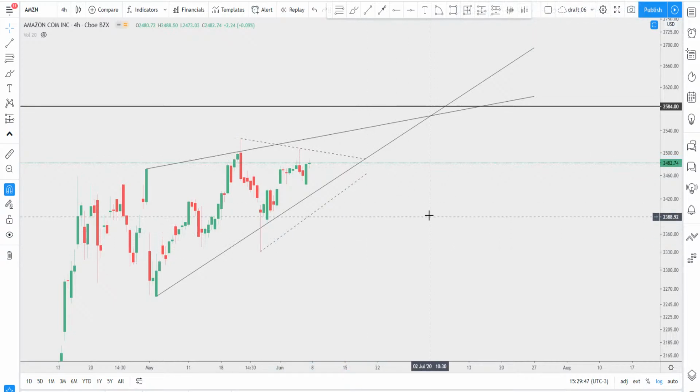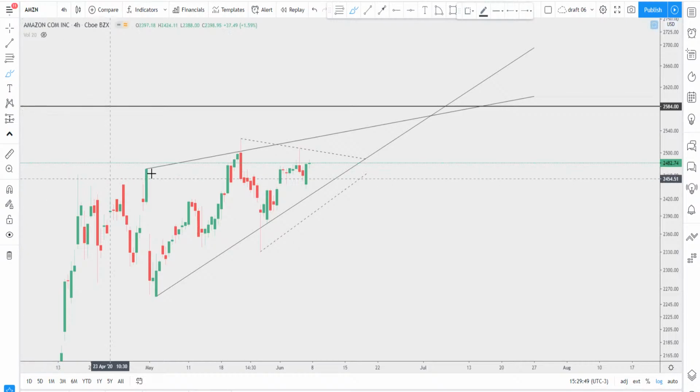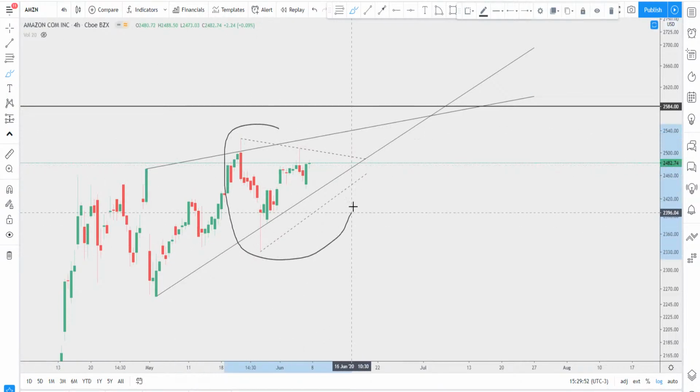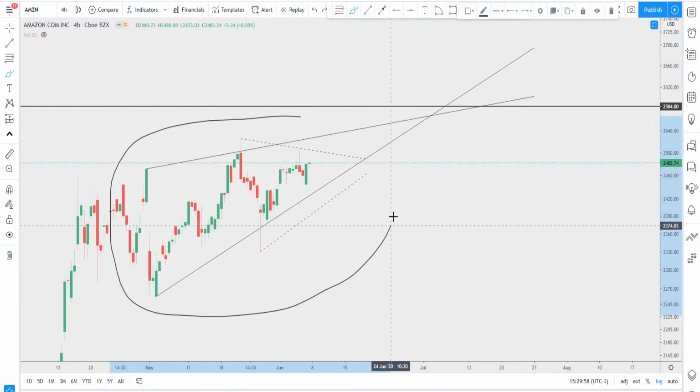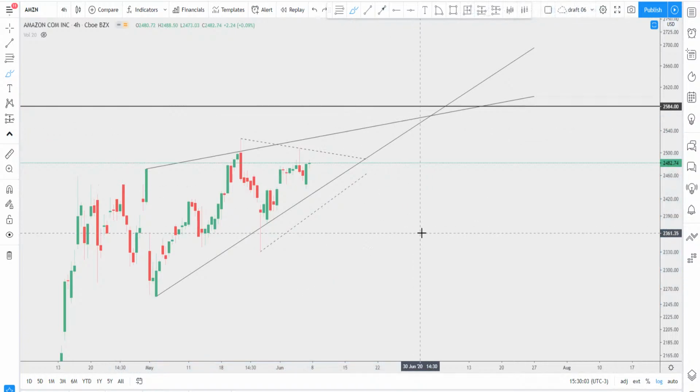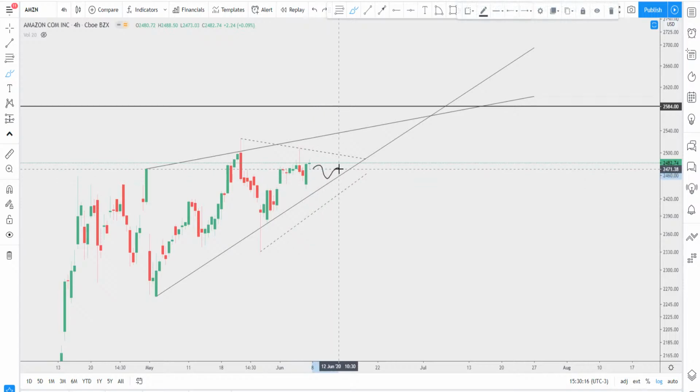Okay, so understand this, folks. This structure right here, it's a speculation, okay? On this one, I am speculating. In the bigger one, I am not speculating, okay? There are valid points that give us the proper numbers for a bullish continuation or a bear break. So for the sake of this example, even if there is not enough room for the bulls here, they can fall down.